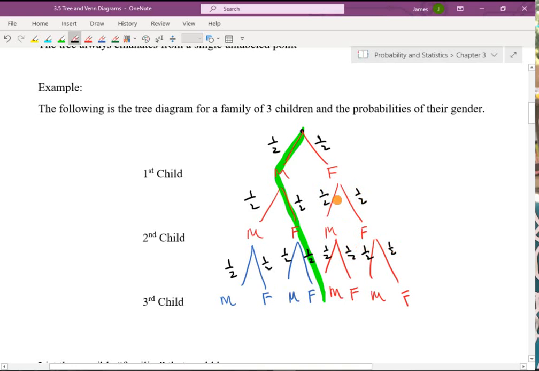So if I ask you what is the probability that your family is male, female, female, it's 1/2 times 1/2 times 1/2, right? Okay? So then we argue what Riley's point was, well, if I had multiple males initially, then laws of genetics maybe say that the next one is more likely to be male, right? So if we're saying that these are dependent, then that probability would be different. Does that make sense? Okay, but we would still take 1/2 times 1/2 times whatever that is. That makes sense to everybody?